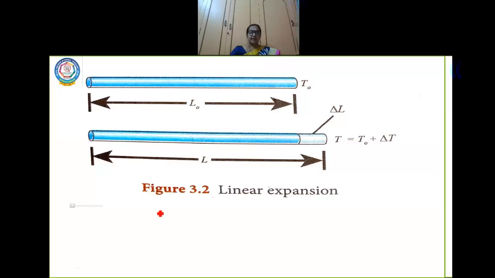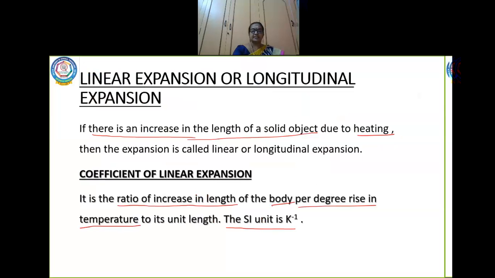So I will have an equation for this, which is given as del L by L naught equal to alpha L into del T. So what is this del L by L naught? This is what we read as the ratio of increase in length of the body to its unit length.